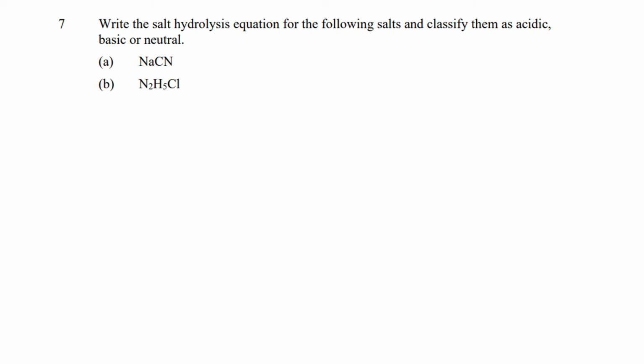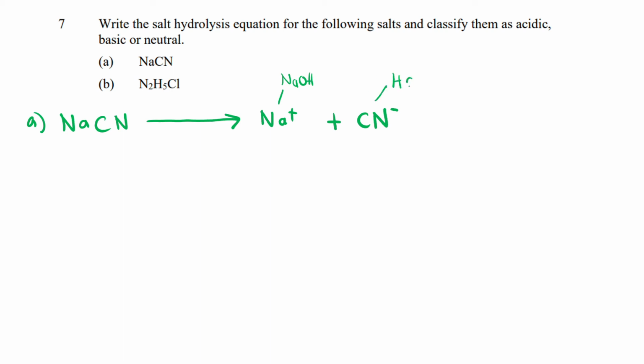Next, untuk write the salt hydrolysis equation for the following salts and classify them as acidic, basic or neutral. So kita tengok dahulu our salt di sini. Salt kita adalah NaCN, which dia akan dissociate to Na plus dan juga CN minus. So Na plus actually dia daripada NaOH base, iaitu strong base, dan CN minus daripada HCN, iaitu weak acid.